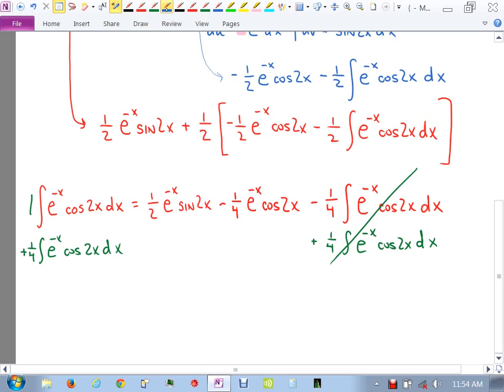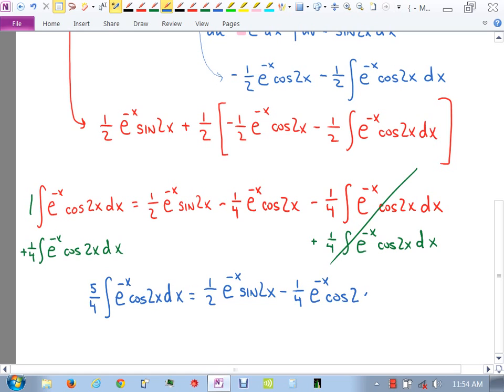So what I get is 5/4 the integral e to the negative x cosine 2x dx equals what? 1/2 e to the negative x sine 2x minus 1/4 e to the negative x cosine 2x.